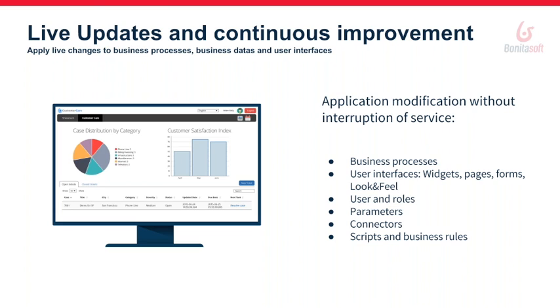For example, a customer of ours is an insurance company, and they built an application on Bonita to process all the requests that come from their customers. They were using a paper-based approach before, and now they're using Bonita to process all those requests.